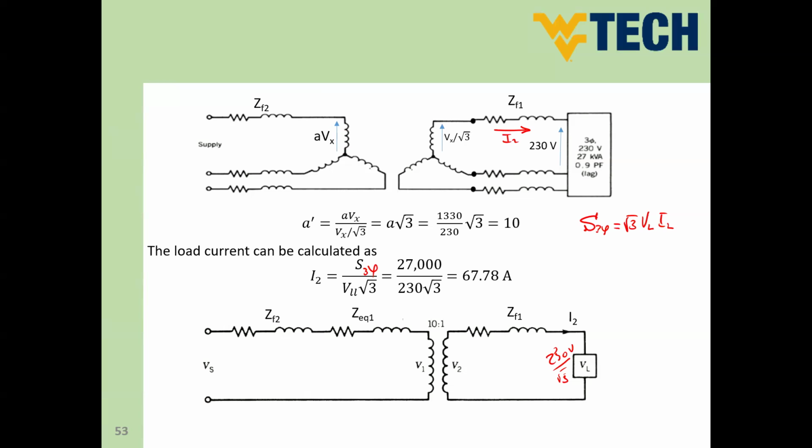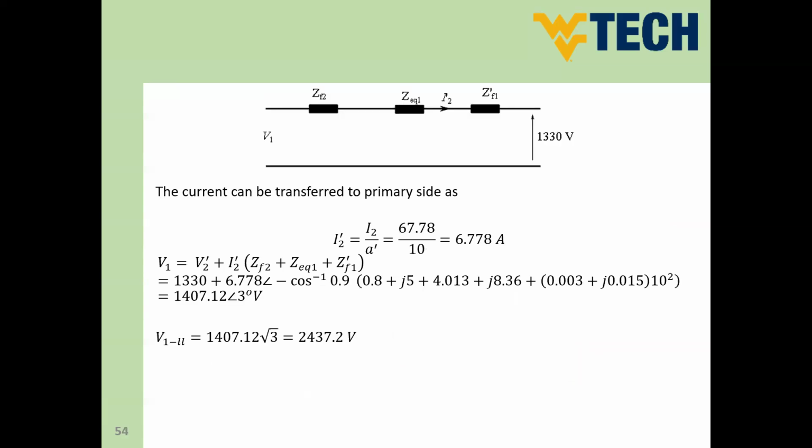When we convert this to a single phase, this is 2300 divided by root 3, it would be going to the other side as the volt. So if you multiply this times 10, it would be 2300 divided by root 3, which is 1330 volts. So the transferred volt is 1330. So we can say V1 is 1330 volts. Sorry, V2 prime is 1330 volts.